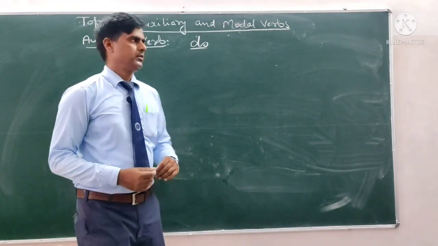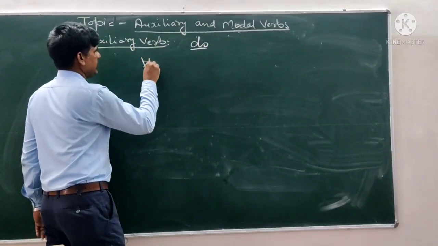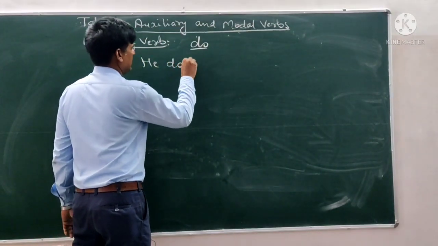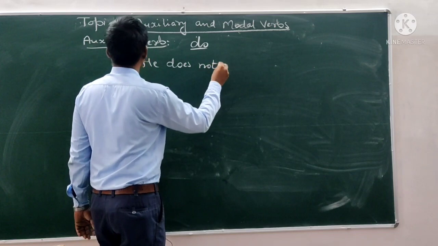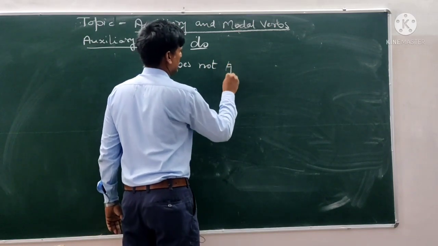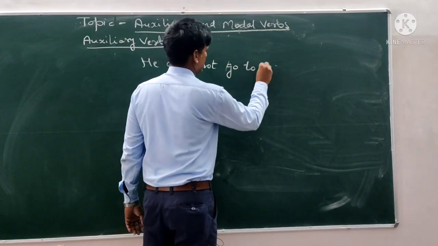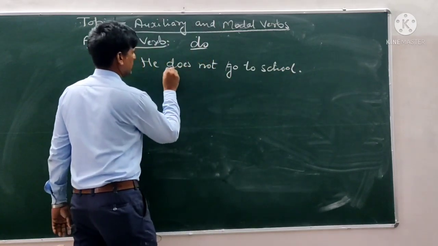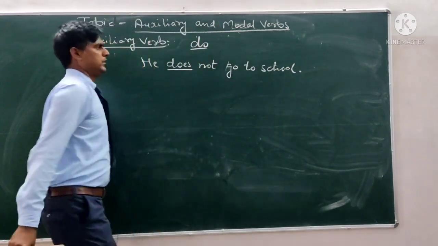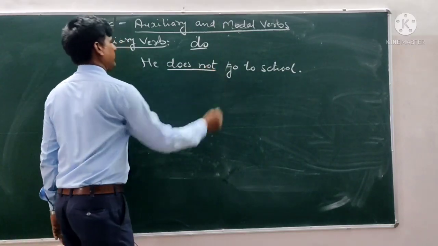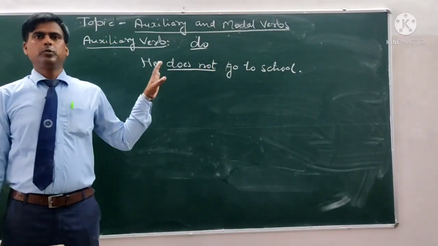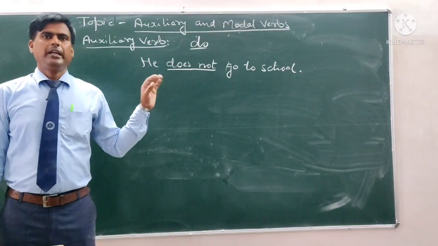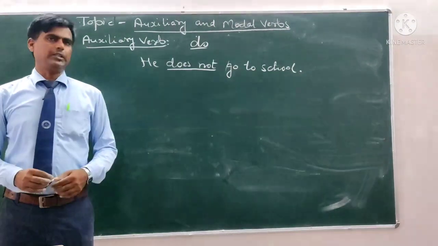For example, we can say that he does not go to school. We use auxiliary verb do in negative or interrogative sentences.